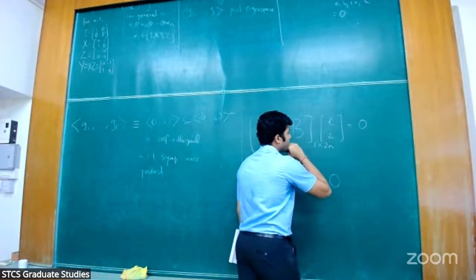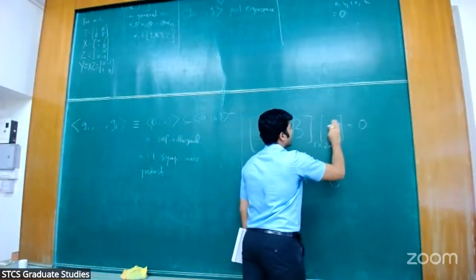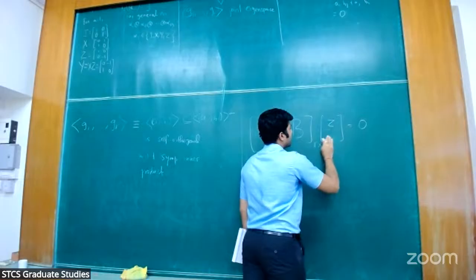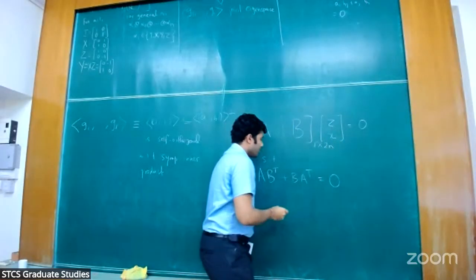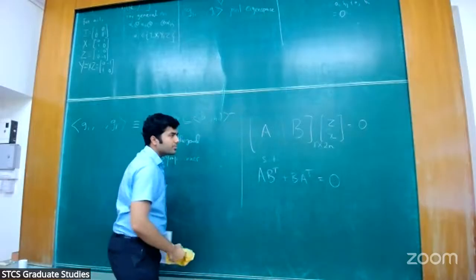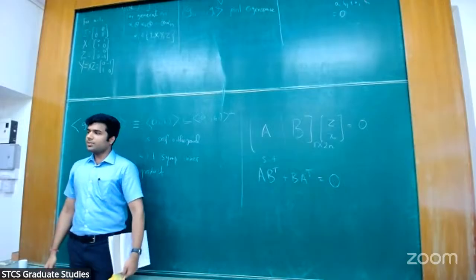So, should I be writing it this way? Yes. So we should think of this (A|B) as a parity check. Yes, that's one way of thinking.